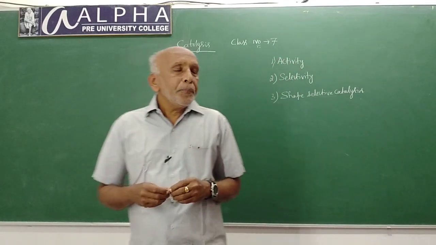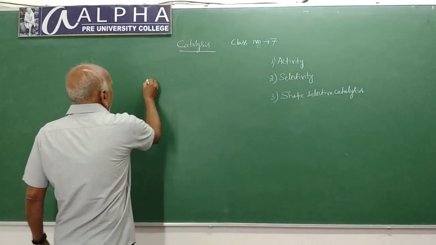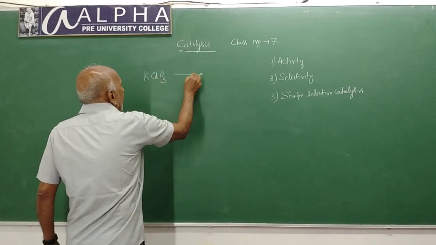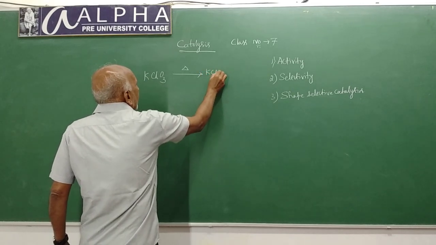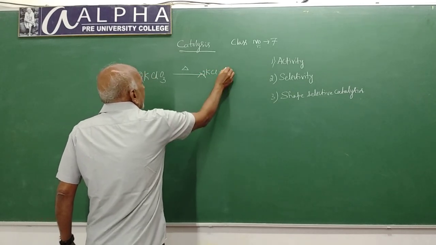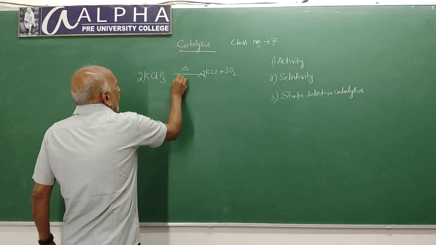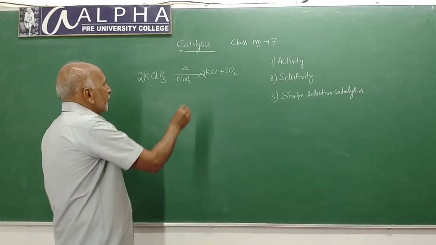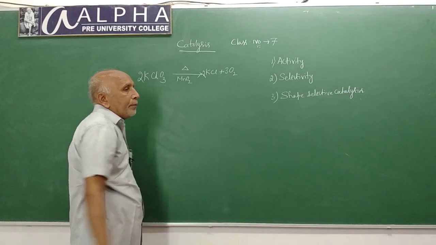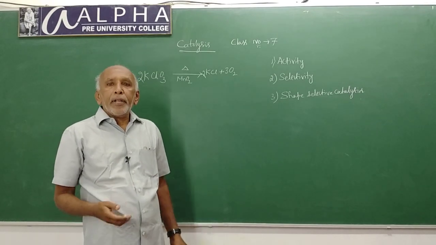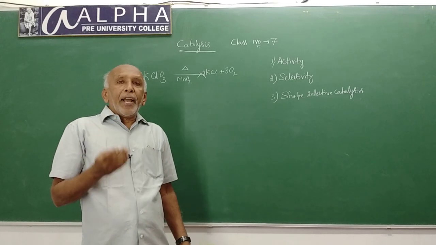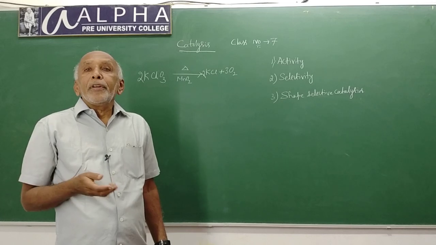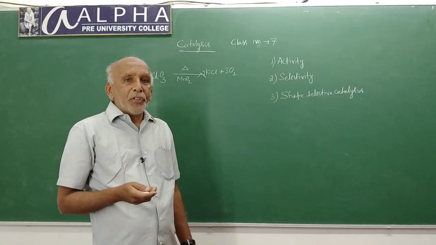We'll give an example. In the preparation of oxygen by heating potassium chlorate, in this case, often we use manganese dioxide as catalyst. See, if you use manganese dioxide, crystalline manganese dioxide in this reaction as catalyst, after the reaction you will get manganese dioxide only without any change in its composition.